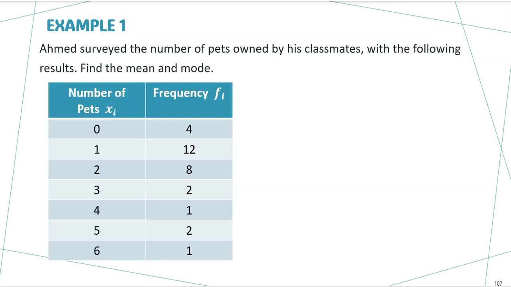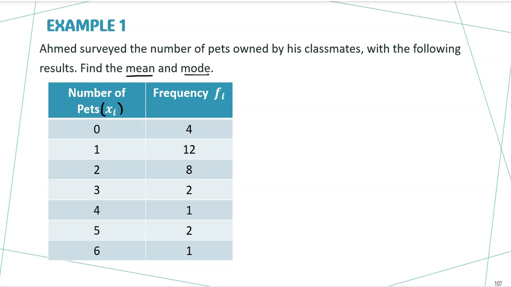Ahmed surveyed the number of pets owned by his classmates with the following results. We'll see how to find the mean and later also the mode. The number of pets owned by his classmates we denote by xi. Some people do not have any pet, so the number of pets will be 0.